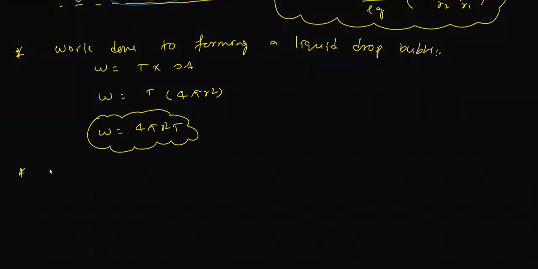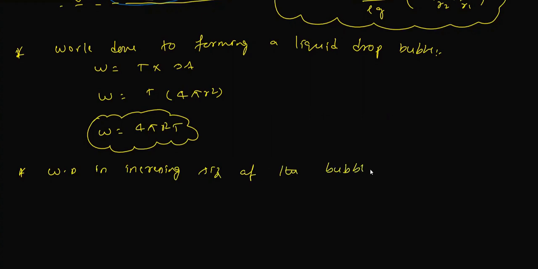Second one, work done in increasing the size of the bubble. So work done equals T into delta A, 4 pi r square. Now for that r square we have to write initial minus final, 4 pi (r1 square minus r2 square).